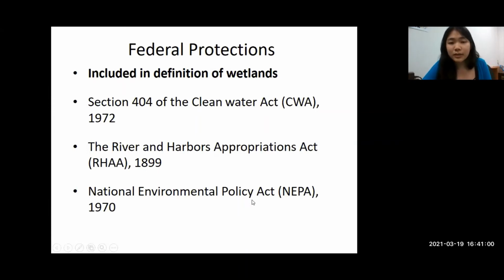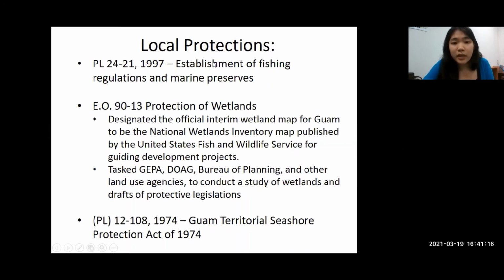The biggest difference legally between mangroves and seagrasses is that mangroves are included in the definition of wetlands. So they can have some additional policies or programs available to mangroves because they fall under wetlands. Locally, mangroves are protected by existing in the Achang Reef Flat Marine Preserve, so you're not supposed to remove them there.